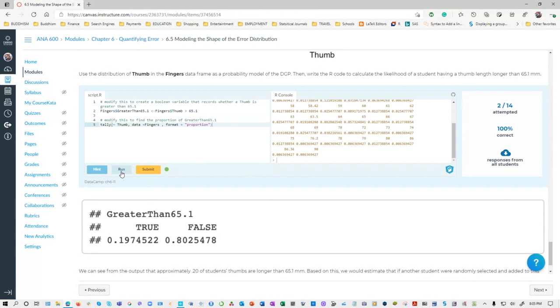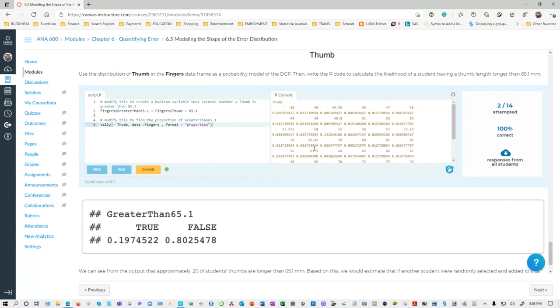See, proportion of thumb greater than this value. If you go ahead and find the tally, 65.1, it came like this. So that's for the fingers, individual fingers.